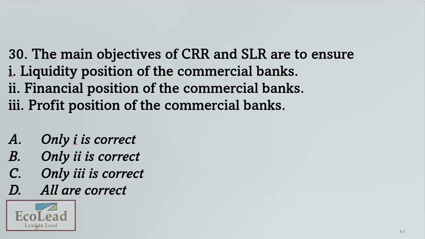The financial position of the commercial bank will depend on its performance and its business strategies, right? And the profit position also depends on the commercial bank's performance, business types, and business strategies. Statements 2 and 3 are not correct.